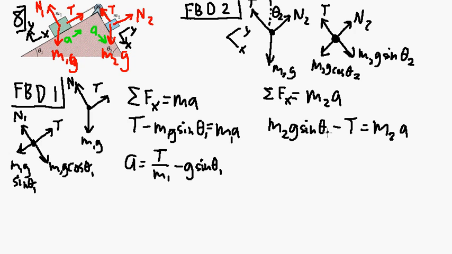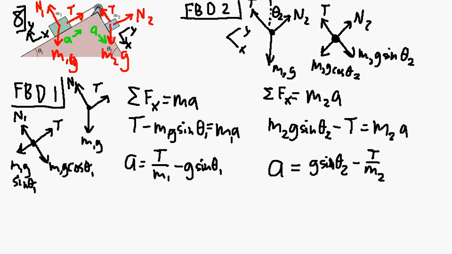So watch out for your thetas, because it is two different angles. Dividing everything by M2, A here is going to be G sine theta 2 minus T over M2.